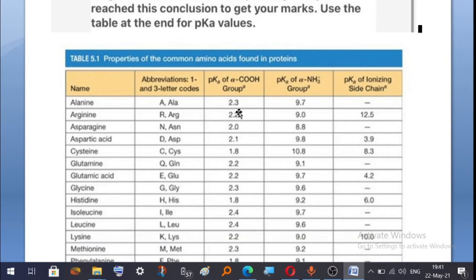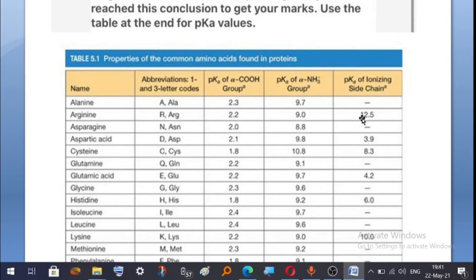In the third column, we have the pKa value of the alpha carboxylic group that is attached to the alpha carbon of the respective amino acids. In the fourth column, we have the pKa value of the alpha amino group that is attached to the alpha carbon of the respective amino acids.